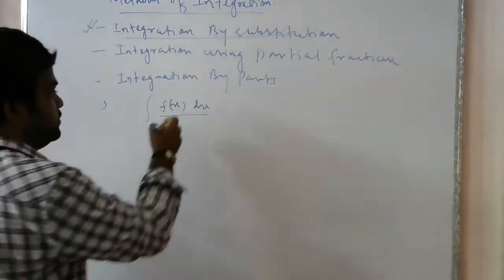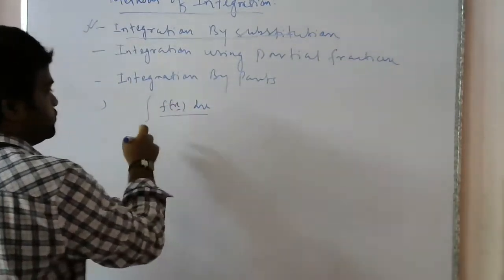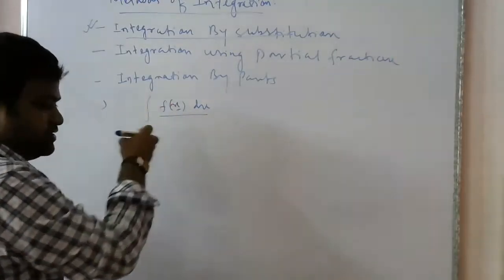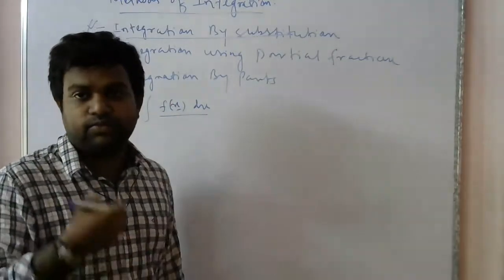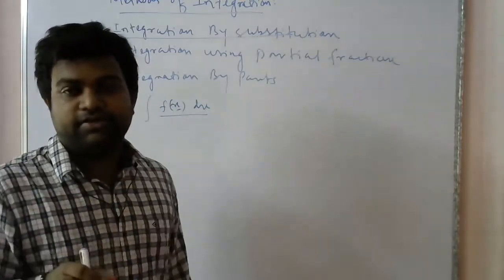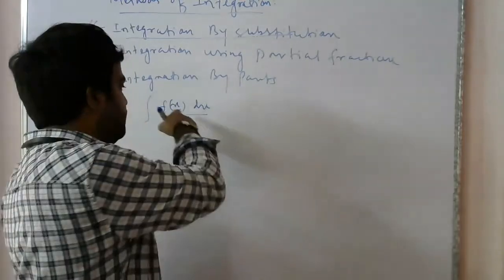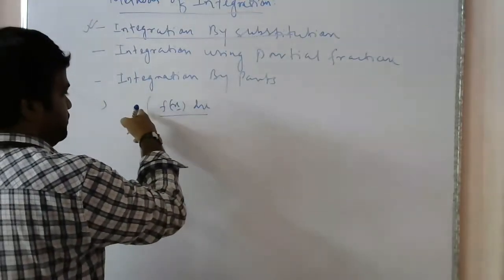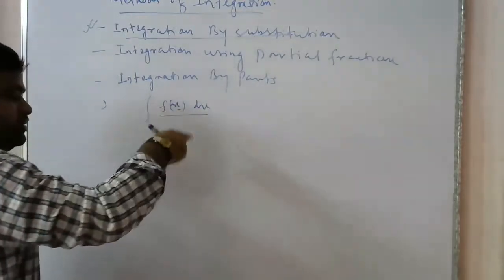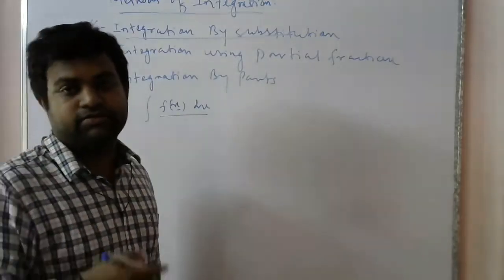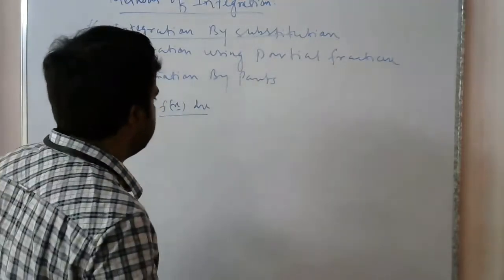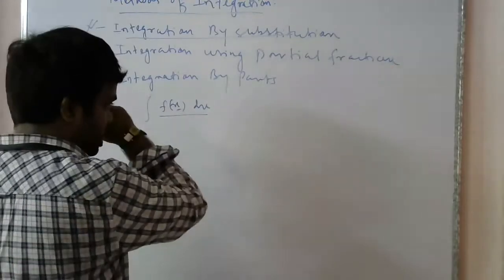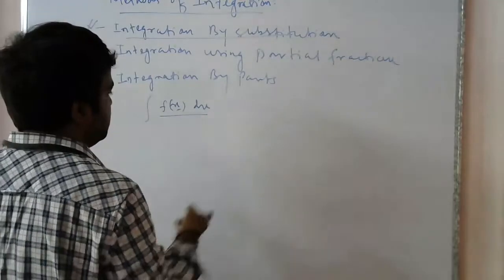How can we change it? We'll choose the variable x in a certain way, so that it can be transformed to a new set of variables and you can find the integration easily.